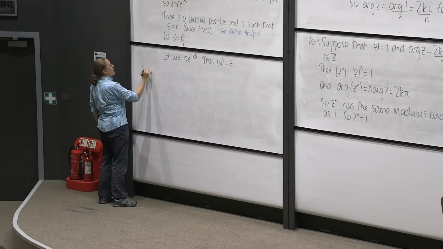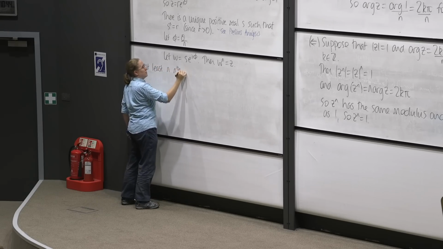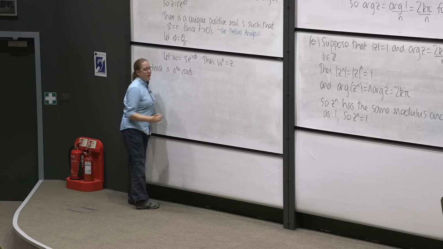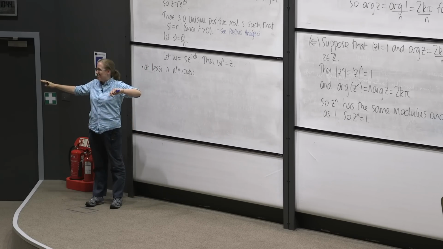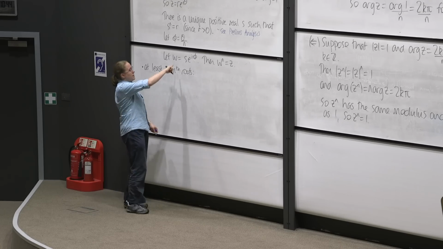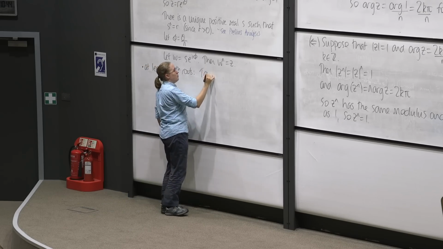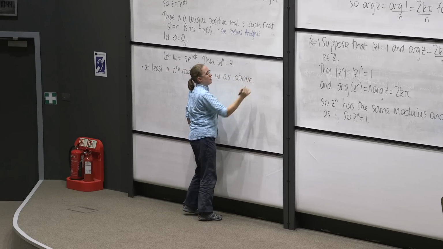Now I'd like to show that there are, in fact, at least n nth roots. How do you show that there are exactly n of something? You show there are at least n of something. You show there are at most n of something. That could be a useful strategy. So I want to show that there are at least n roots. So I'm going to take w as above. So w is a fixed nth root.